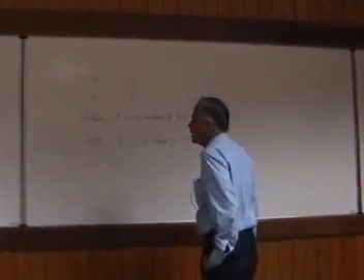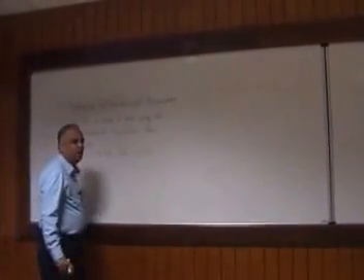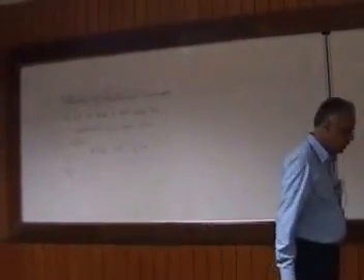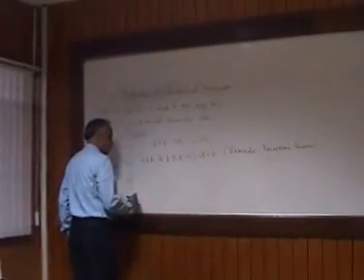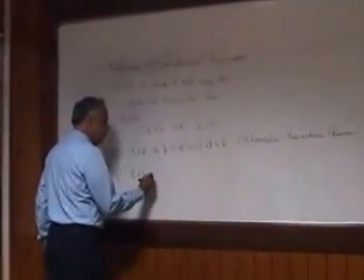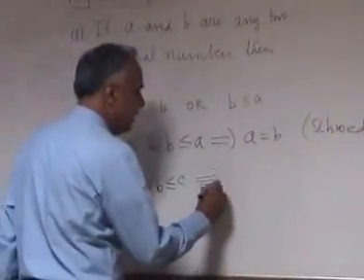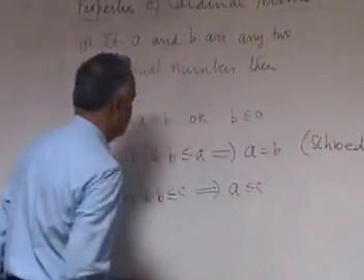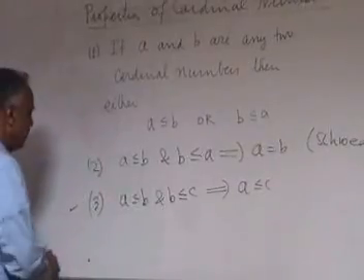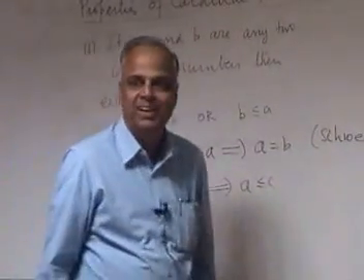Okay, so that's the first thing. This has to be proved. So I'm just stating them without proof. Either A is less than or equal to B, or B is less than or equal to A. Three: if A is less than or equal to B, and B is less than or equal to C, then A is less than or equal to C. Now I will take some of these things which are easier to prove.